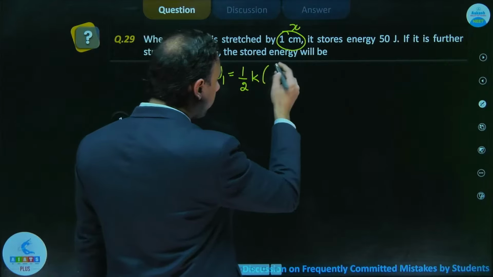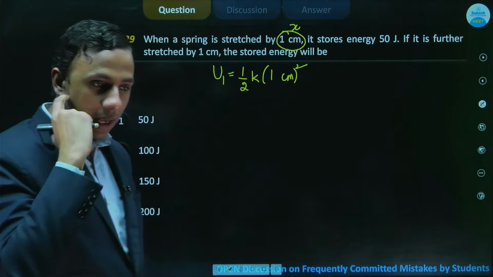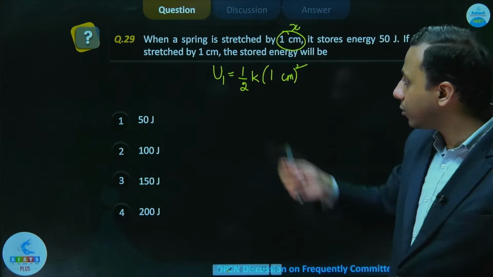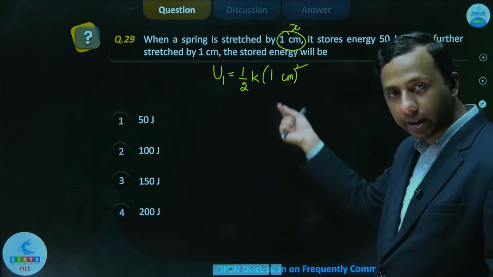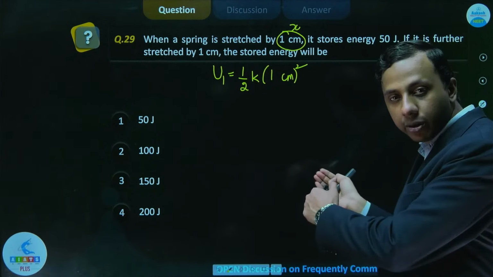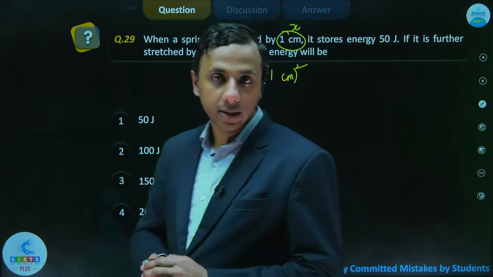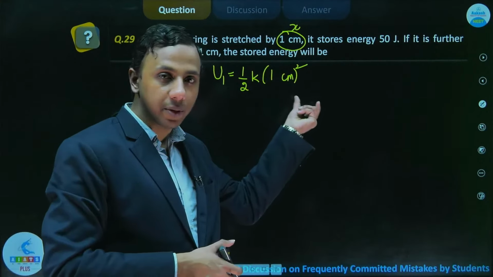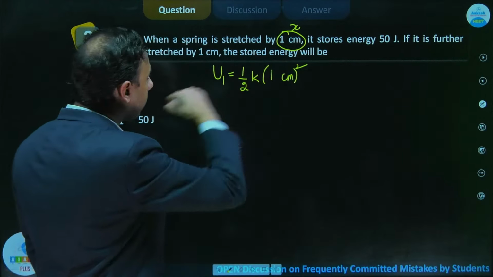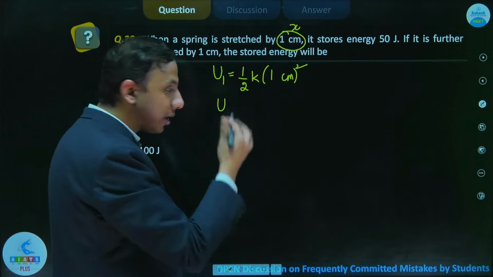Why? Because shortly we are going to be taking the ratio. So the expression below, which I am going to write, is also in centimeter, so it would be easier for us to take the ratio. That's why. Anyway, in the second case, let's call it U2.